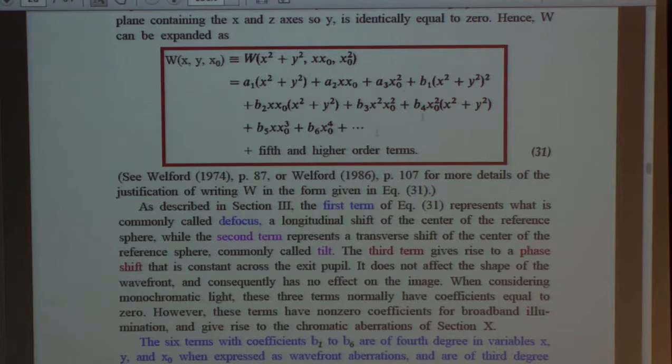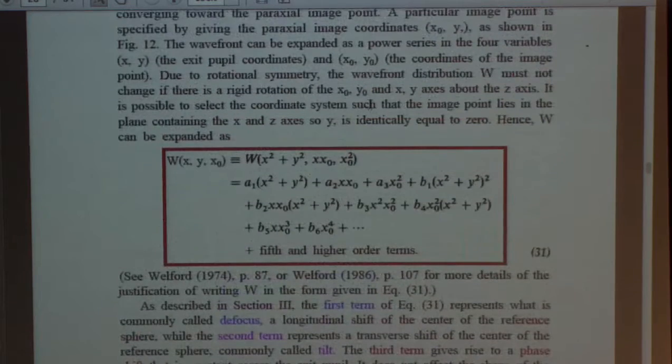So these are the terms we're going to talk about making up the Seidel aberrations. The first term is just some number, a1 times x squared plus y squared. I don't know if you even call that an aberration. That's a defocus. Then you have a second term, which goes as a2 x x naught.